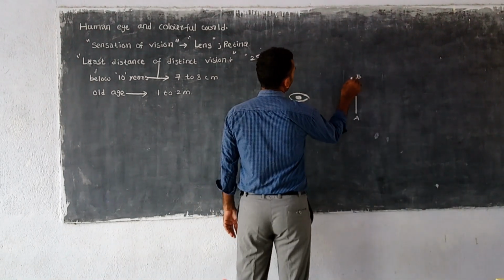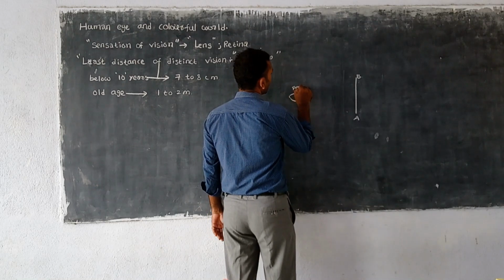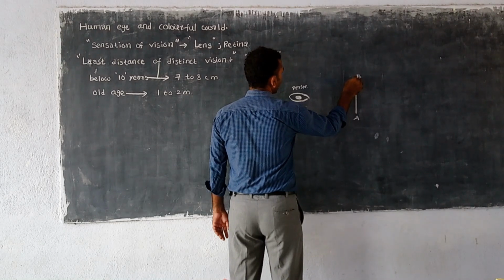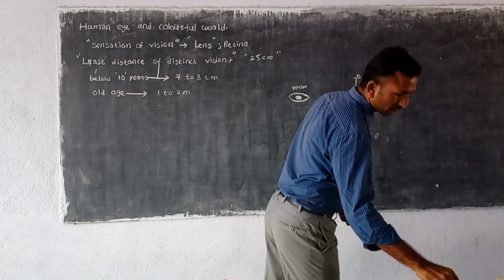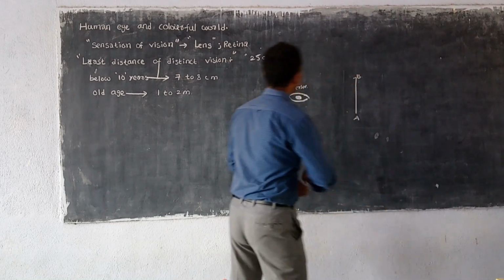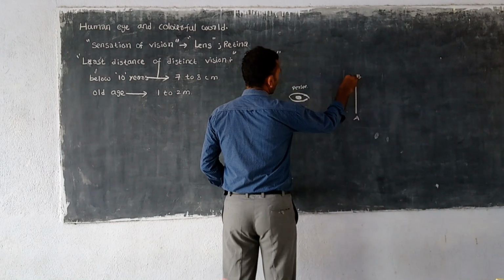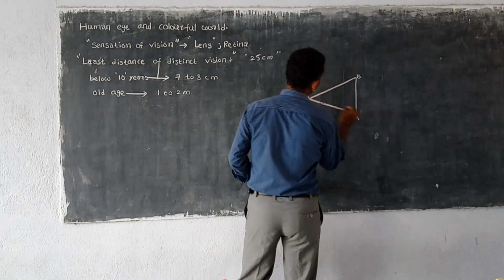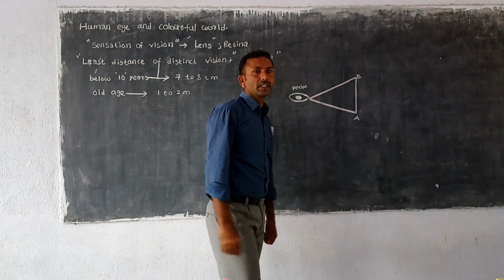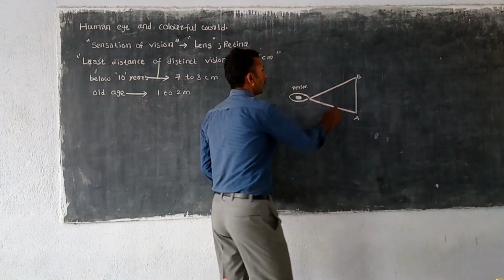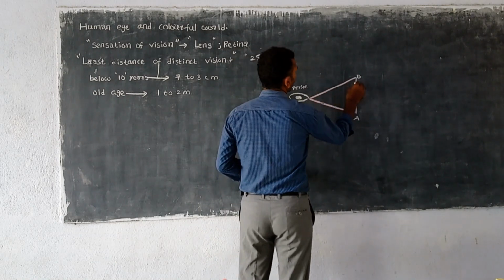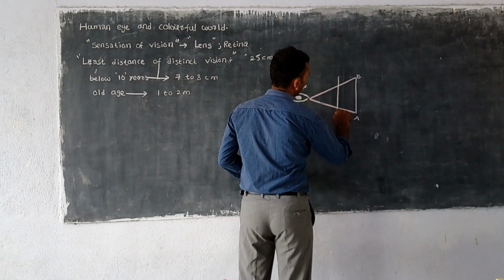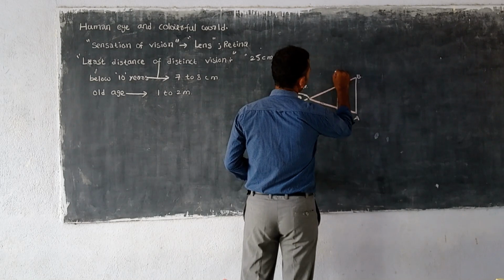The person is able to see the object clearly, so we can draw the lines towards this person's eye, and the person is able to see both ends of the rod. Now I am moving this rod towards the person's eye. What is happening here? This is A dash and B dash.